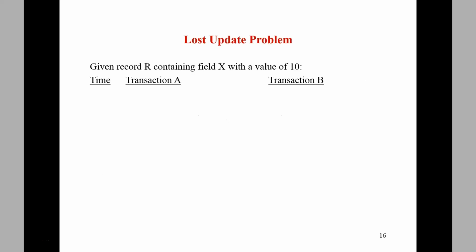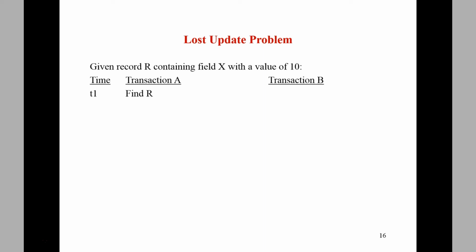The first is the lost update problem. Suppose we have a record in the database R, or a row within some table in the database R, and it contains a field X. The value of X currently is 10 at the start of our transactions.